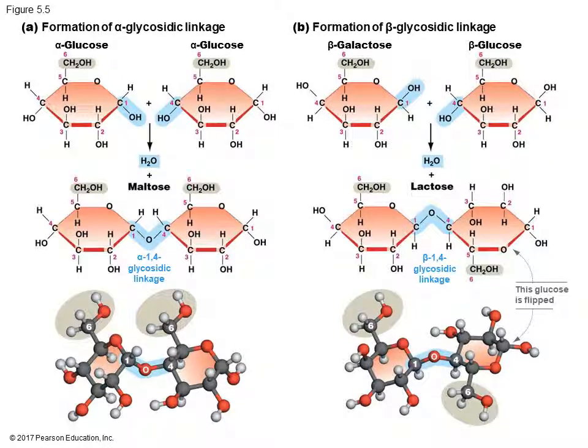I love figure 5.5 because it explains the difference between alpha and beta 1,4 glycosidic linkages. On the left hand side you see alpha glucose binding to another alpha glucose. What's interesting is that the hydroxyl groups of carbon 1 and carbon 4 of the second sugar are below the carbon plane.